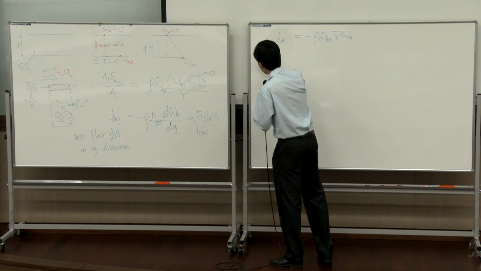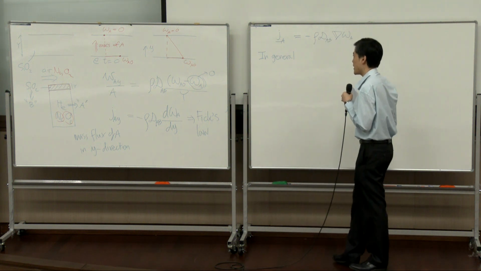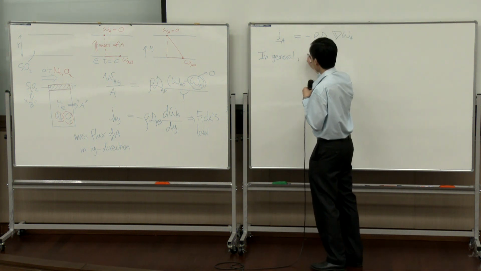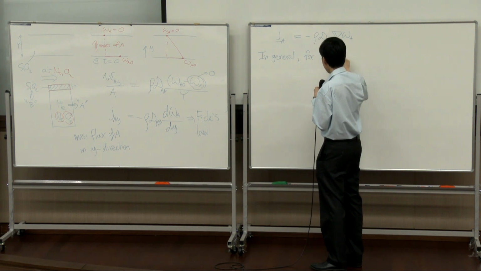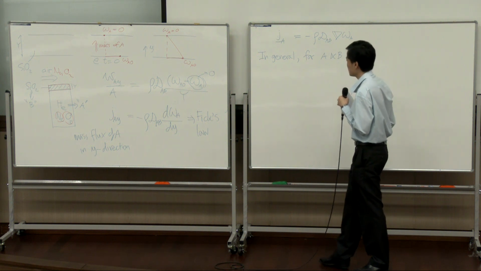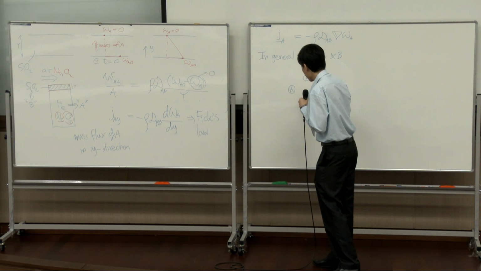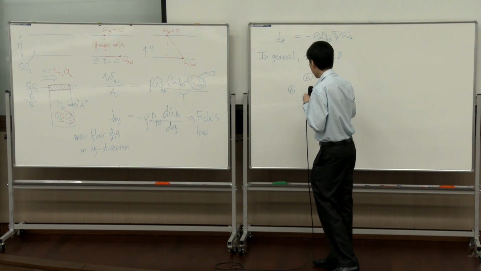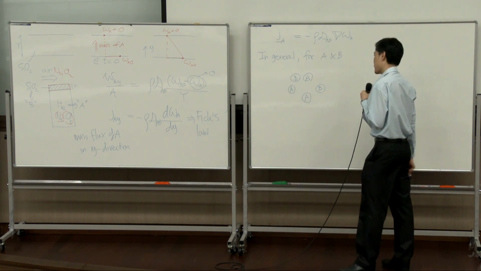So in general, I'm going to discuss theory, okay? For the system containing A and B, let's look into atomic level. Let's say I have gas A mixed with gas B. Okay?